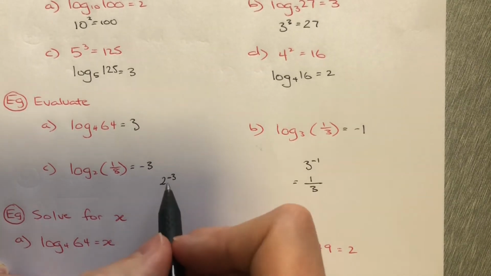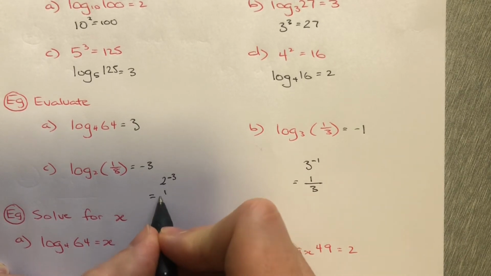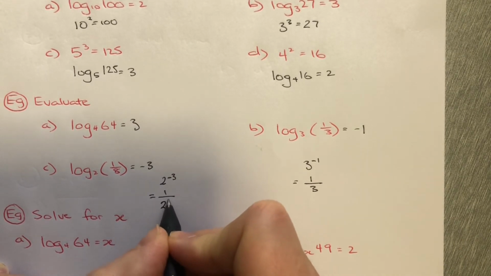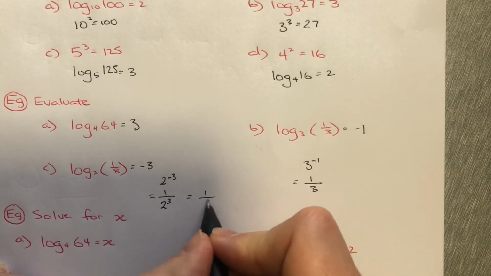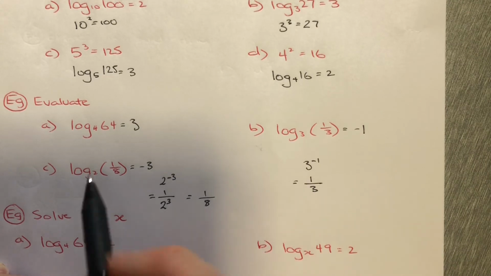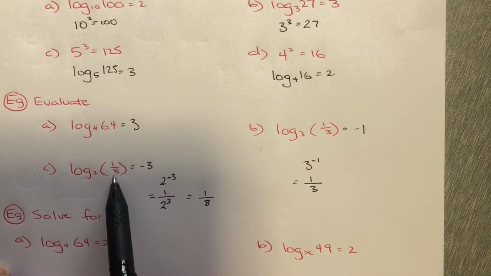Okay. Now, again, we don't want to have a negative power, so this can also be 1 on 2 to the power of 3. And 2 to the power of 3 is 8, so equals 1 on 8. Alright, so if you get 2 to the power of -3, it's going to give you 1/8.